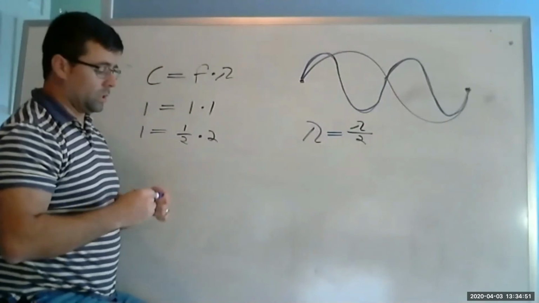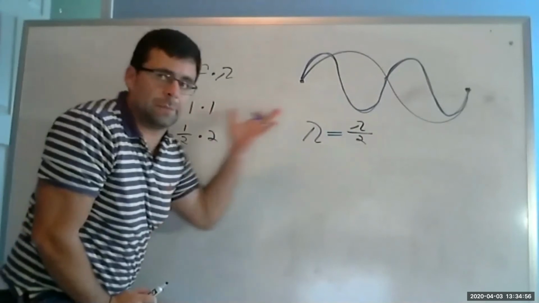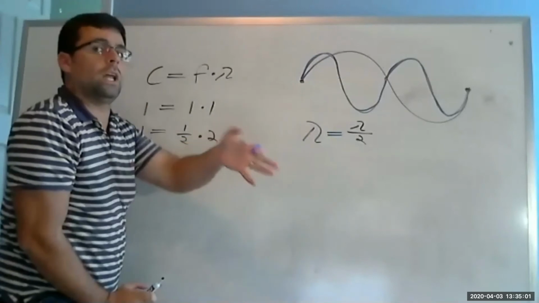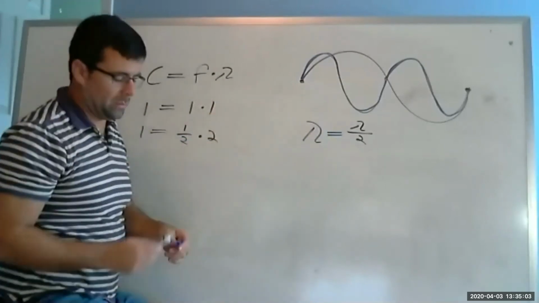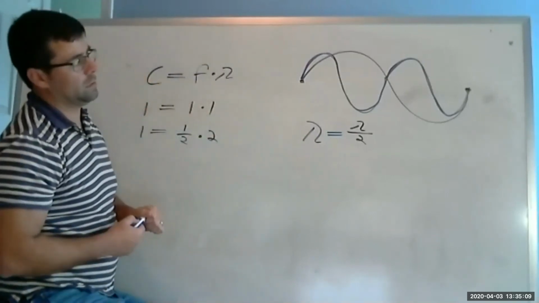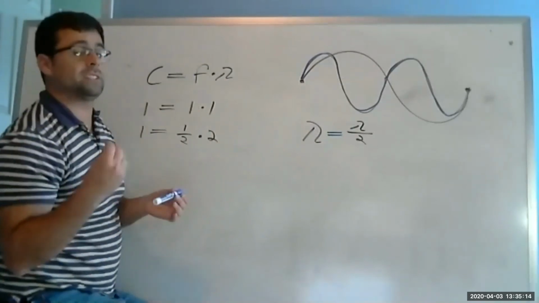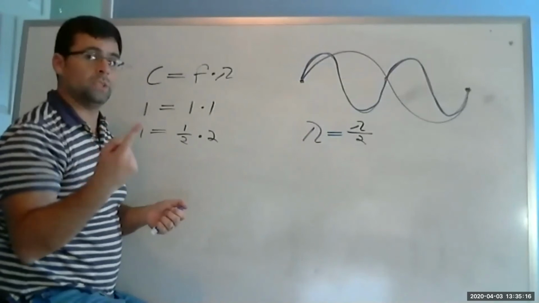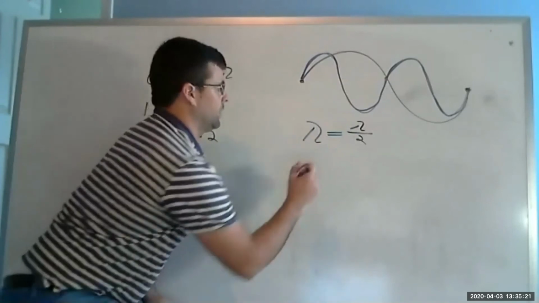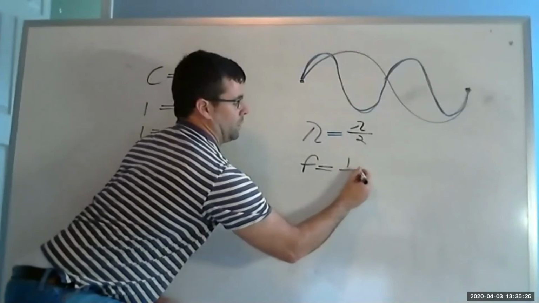But in order to make it to the end at the same time, remember they have to be going the same speed. In order to make it at the same time, what does the blue wave need to be doing? Going at the same frequency? Because if it goes at the same frequency, which is 1 cycle per second, the black one has a frequency of 1 per second.